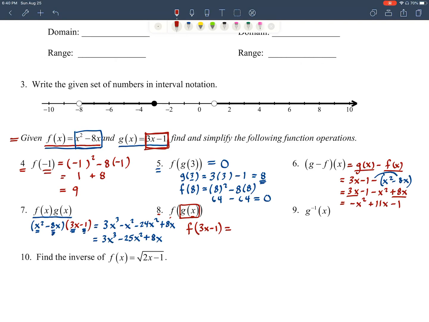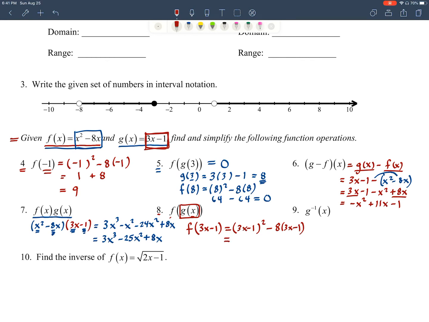So we're going to end up putting that 3x minus 1 into that expression for our f of x, which was x squared minus 8 times, whatever our x was there, or whatever our input was. So now we're going to put in 3x minus 1 and the 3x minus 1. Our job now is just to simplify.